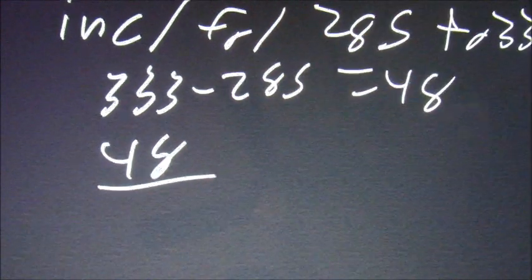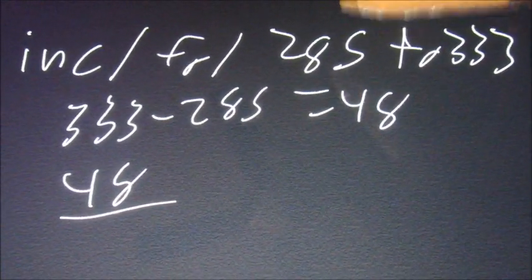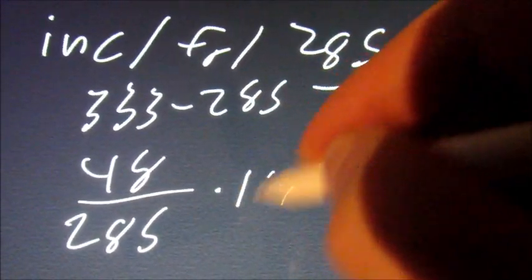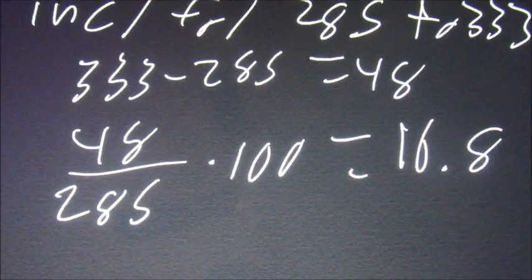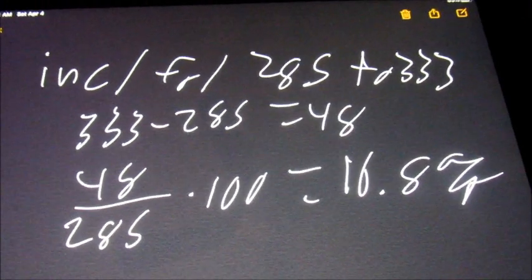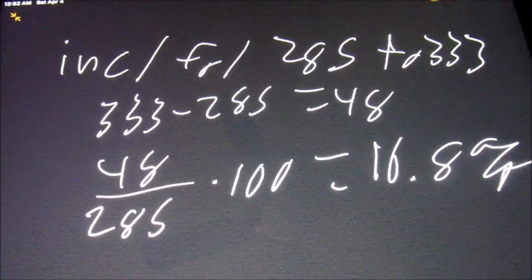Then we're going to have the 48, which is the amount, over the original, which is 285. And then we're going to say times 100, and that's going to equal 16.8%.